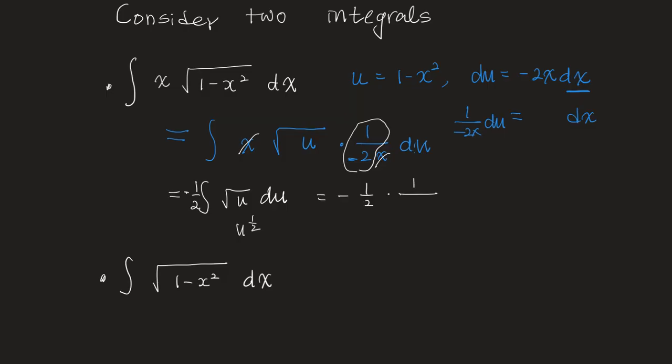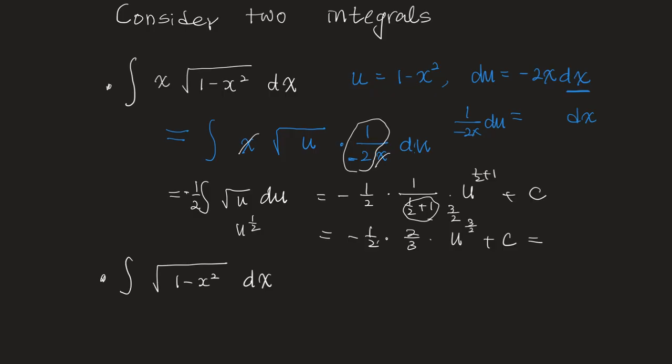This one is 1/2 plus 1, so u to the 1/2 plus 1, plus c. So this one is negative 1/2, and this one is 3 over 2. That's 1 over 3 over 2, which is 2 over 3. Here is 1/2 plus 1, that's 3 over 2, plus c.